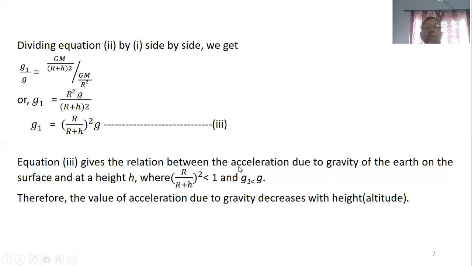That means the acceleration due to gravity at a height h will always be lesser than the acceleration due to gravity near the surface of the earth. From this relation, we can calculate the acceleration due to gravity at any height.